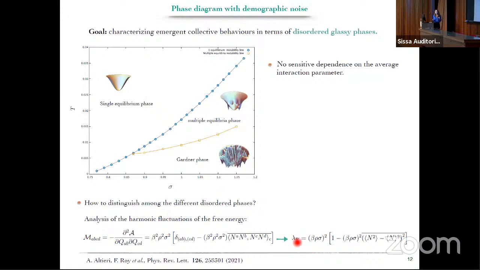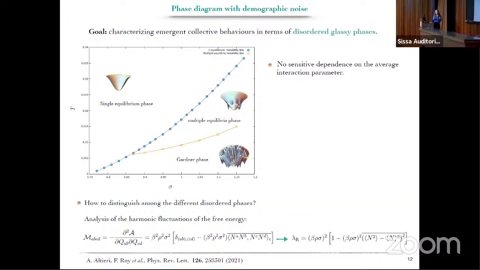So this is the final expression for the replicon in the replica symmetric phase that allows us to get information on the stability or the instability of each phase. So when this replicon basically touches zero, it gives a signature of an emergent criticality. And so when this replicon touches zero, we are basically approaching this blue line.